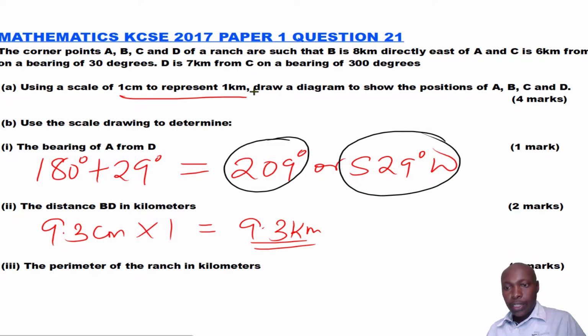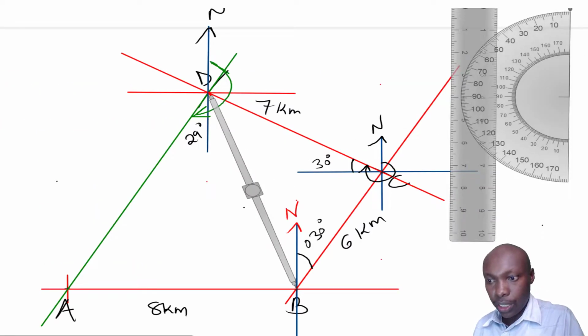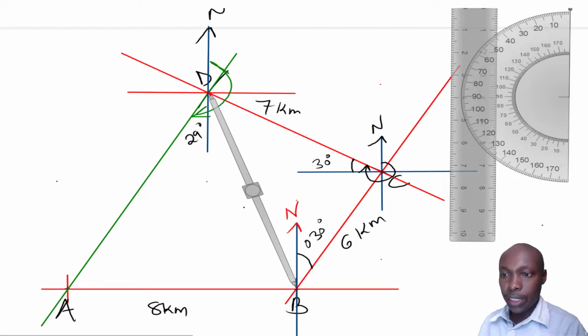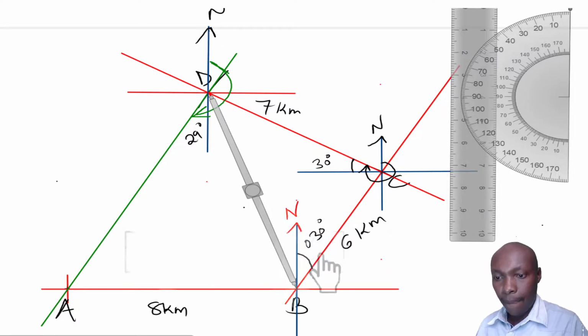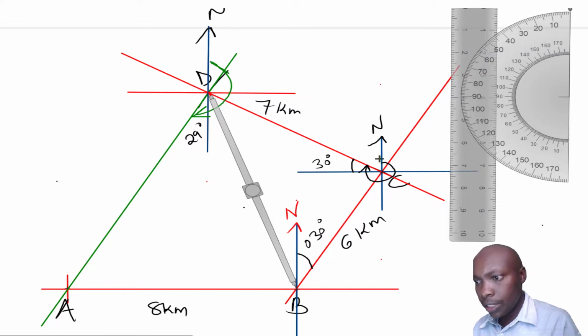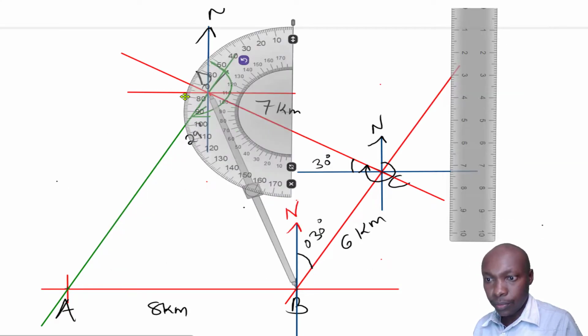Then upon doing that, we are heading to the last part of the question, the perimeter of the ranch. So the perimeter of the ranch is the distance around the ranch. That is AD plus DC plus CB plus BA. So the only distance that you're not having in this case is this distance that is here.